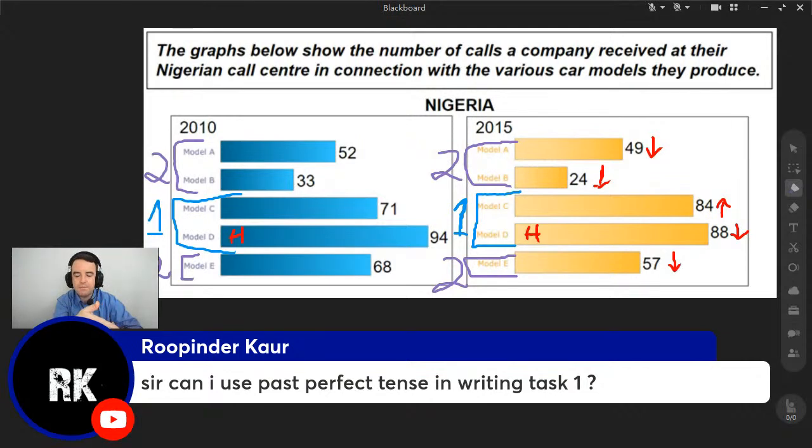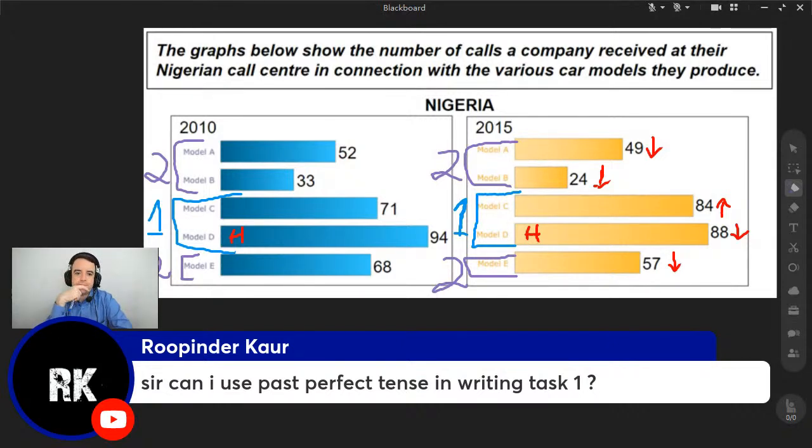So like, if I said, in 2015, Model A accounted for 49 of the phone calls received, whereas it had accounted for 52 in 2010. So I put the spotlight, the focus, on 2015 by using past simple, and then I can use past perfect to refer back to 2010.